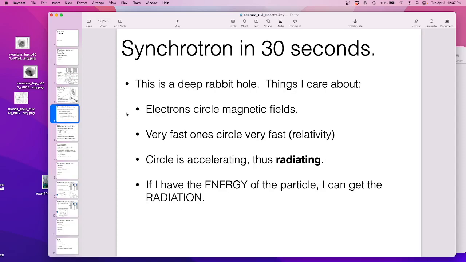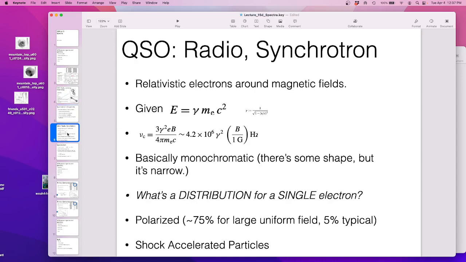I'm not going to get too deep down this rabbit hole because you haven't had ENM yet, and you really need ENM to do synchrotron. But we'll get started. So given an electron with energy E equals gamma mc squared, what's gamma?